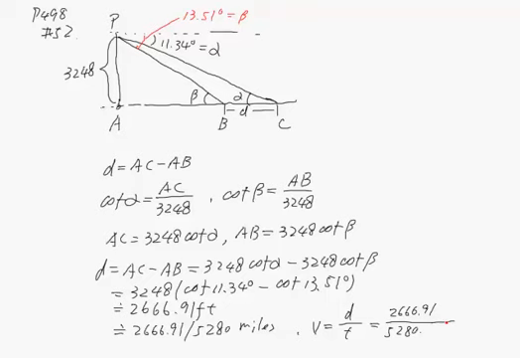Let's convert the 5 minutes to hours, so you have 5 over 60. Then you compute. Finally, you get the answer, approximately equal to 6.06 miles per hour. And this is the speed at which the leading edge of the fire is spreading.